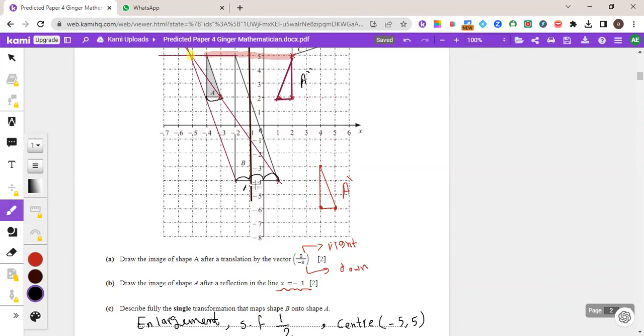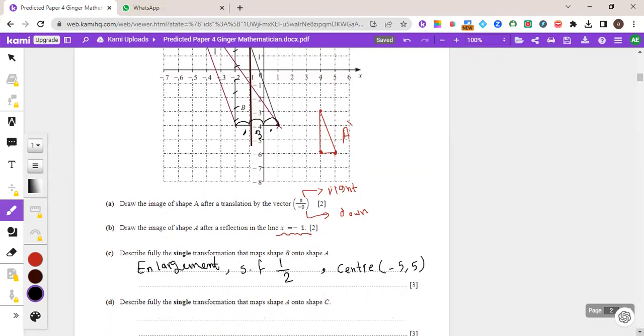So 1, 2, 3, here 1, here 3, here 1, here 1, 2, 3, 4, 5, 6, 7, 8, 9, here 1, 2, 3. So is it half or third? I wrote here half. Is it correct? Third. Scale factor third. Okay?